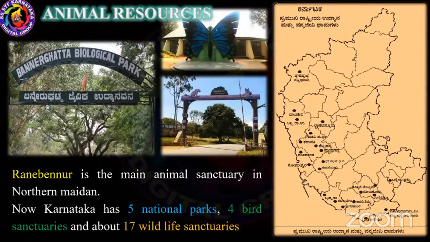In this map they have mentioned Gataprabha Pakshidama, that is a bird sanctuary, and Gudivi bird sanctuary, that is in Shimoga district, and other regions regarding these are wildlife sanctuaries.